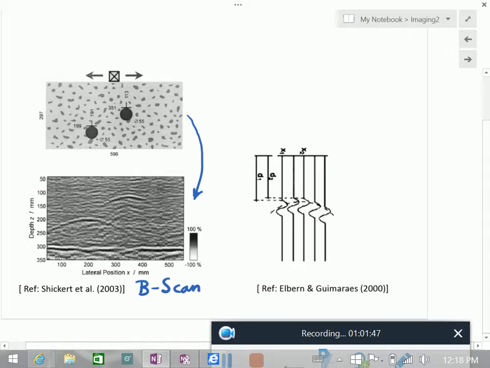And this is what we would get. This is also after a lot of pre-processing. So for the same specimen, if we do B scan, which means stacking all these A scans together, like you see here, do you recognize the echoes from the holes? Yeah, we see them, right?